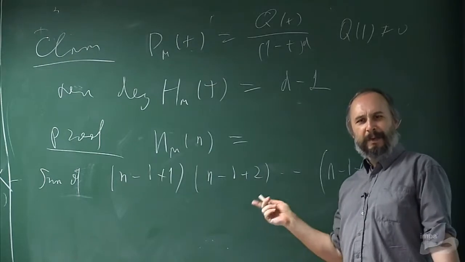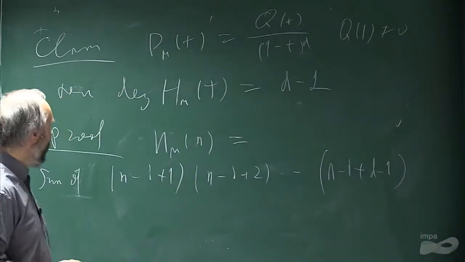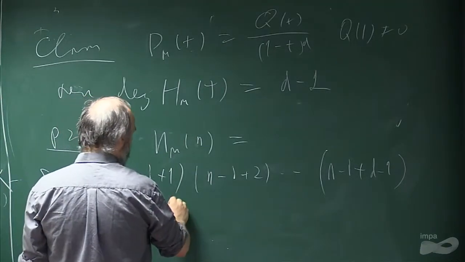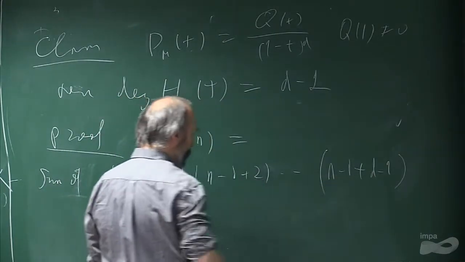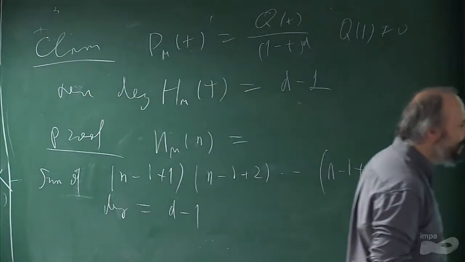This is what we had on the previous slide. I can show you if you don't believe me. It's not hard. Okay, the degree is equal to d minus 1, because there are precisely d minus 1 terms. Right.